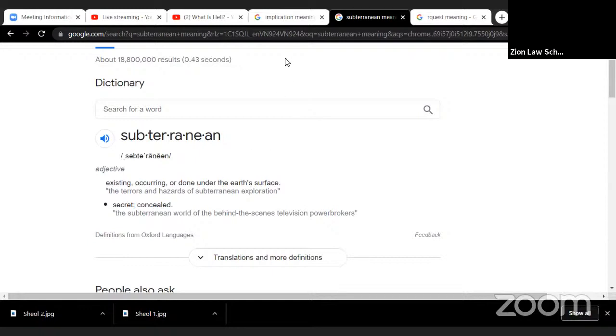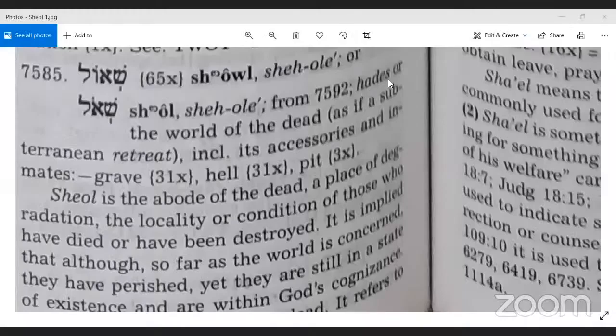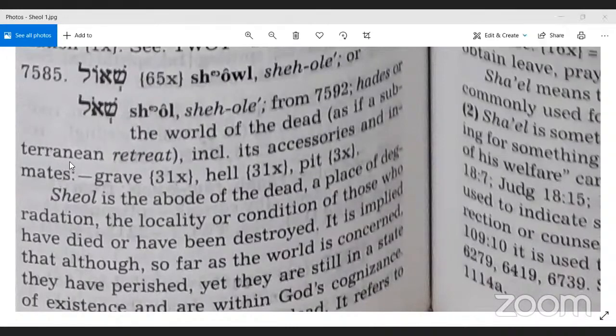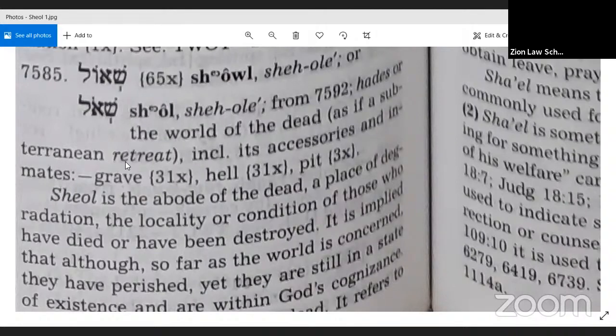So let's go back to that. This is interesting. It says Hades, or the world of the dead, as if a subterranean retreat. Subterranean is an adjective. Okay, adjective to retreat, right?